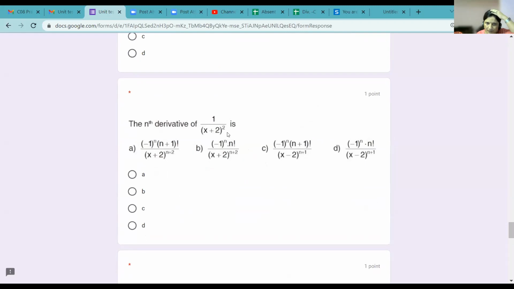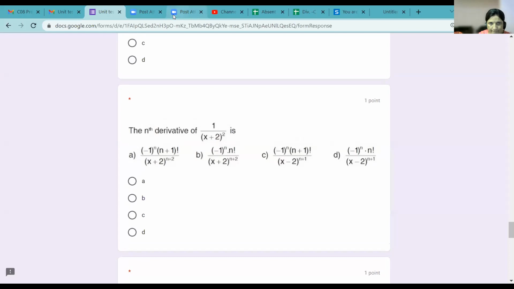Next one. If y is equal to 1 upon (x plus 2) raised to 2. Here m is equal to 2. In that place we took m. So y is equal to 1 upon (x plus 2) raised to 2. According to that result, for 1 upon (ax plus b) raised to m, what is that?